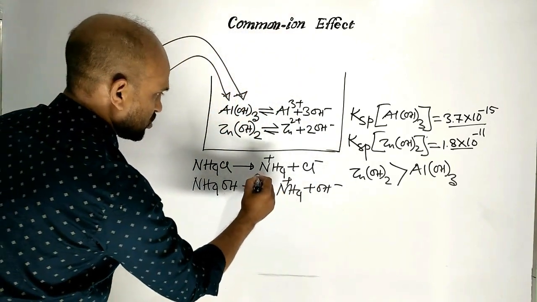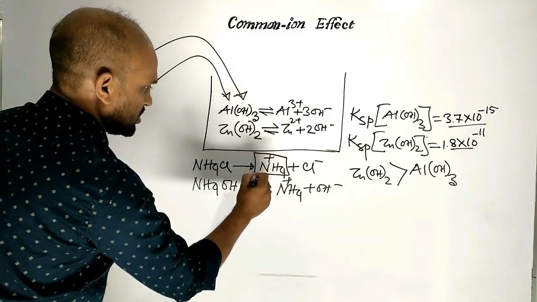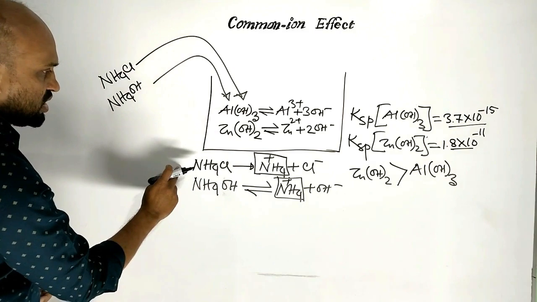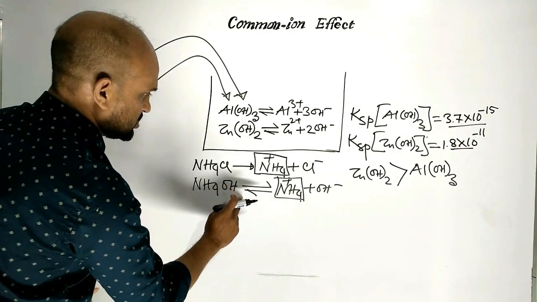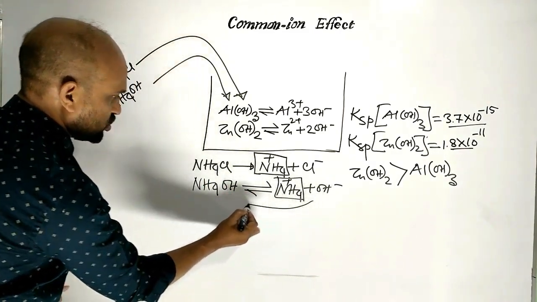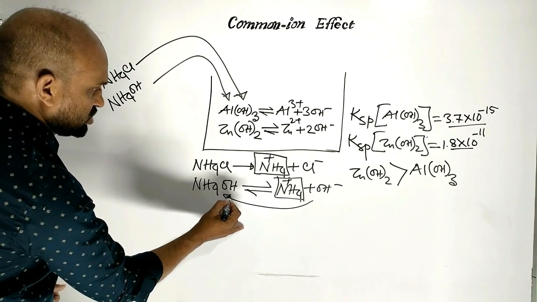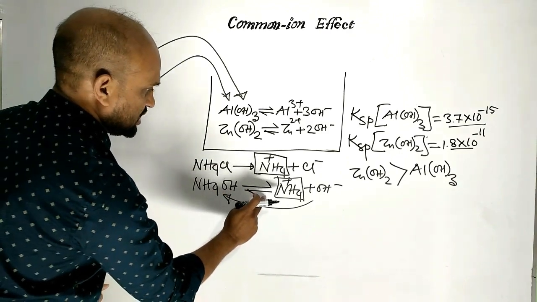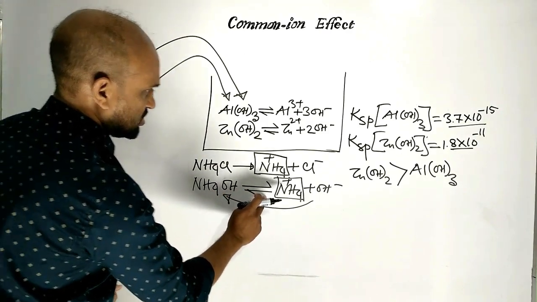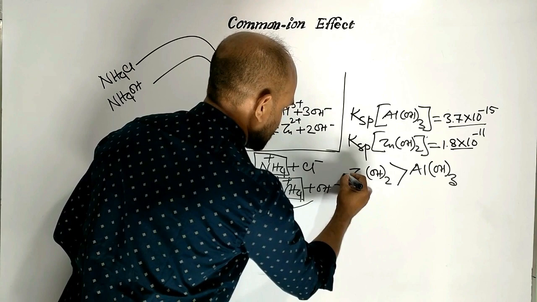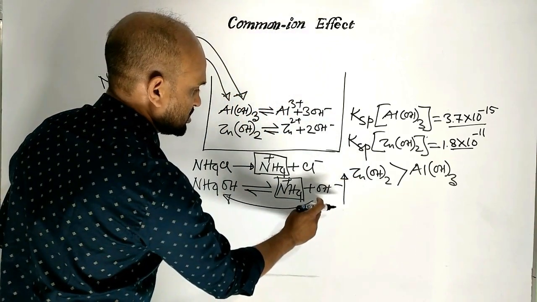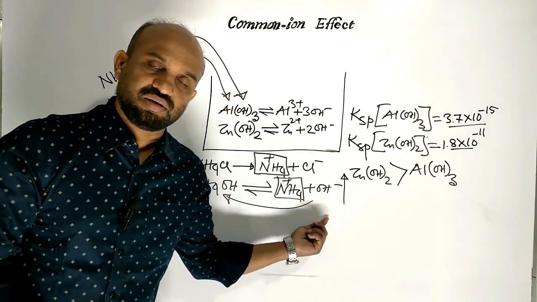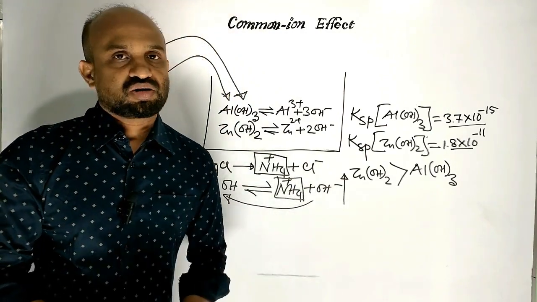Here, common ion is ammonium ion. Due to common ion effect, this reversible reaction moves backward direction according to Le Chatelier's principle or equilibrium law, and as a result, concentration of hydroxide ion increases a bit, not very high.